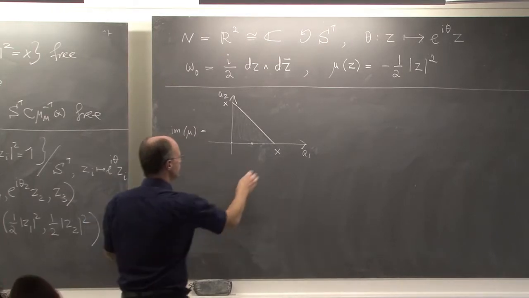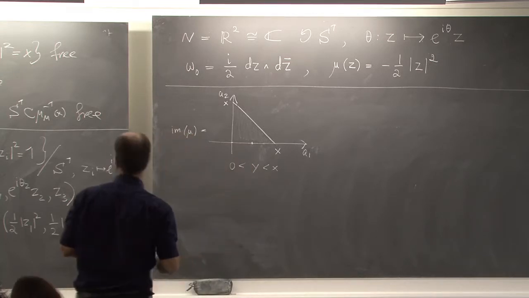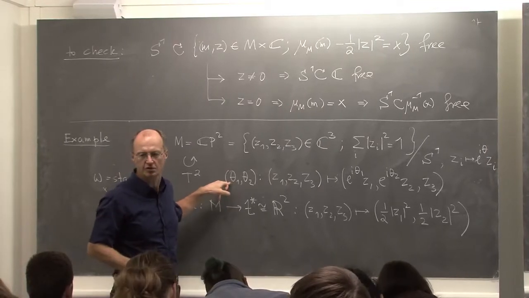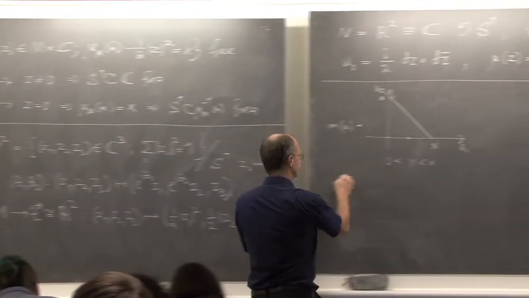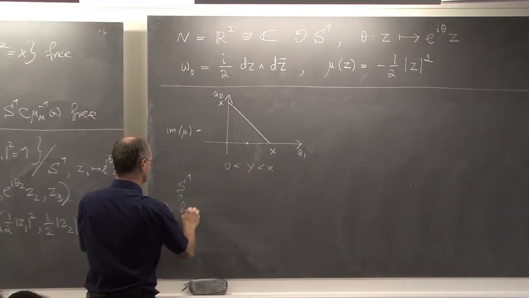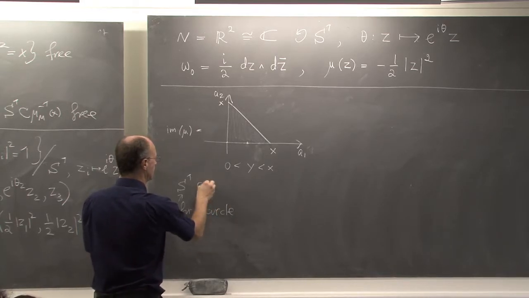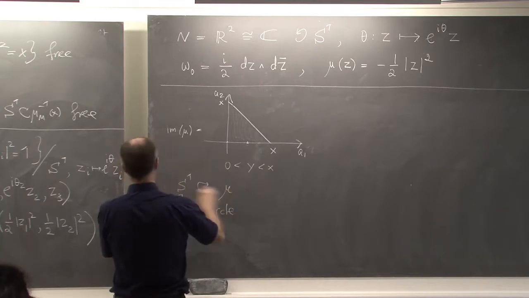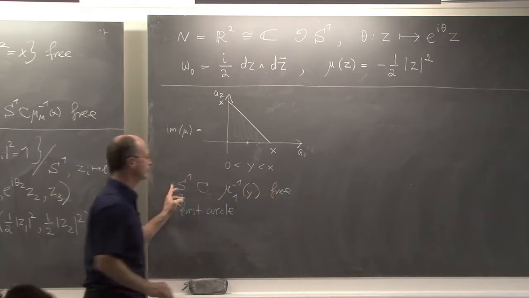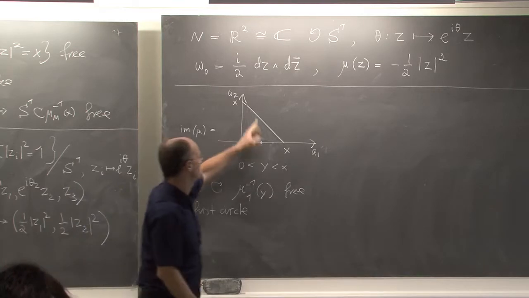Last time we discussed that if we choose some y between x and 0, then the first circle, theta 1, acts freely on this mu minus 1 of y. That's easy to check.